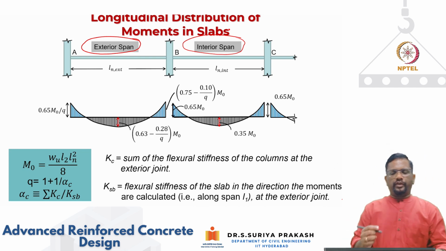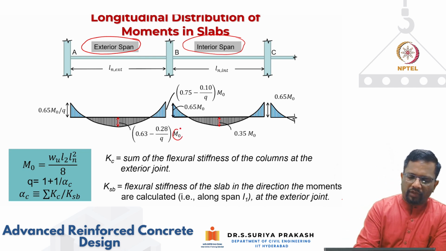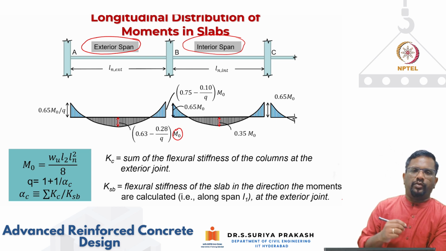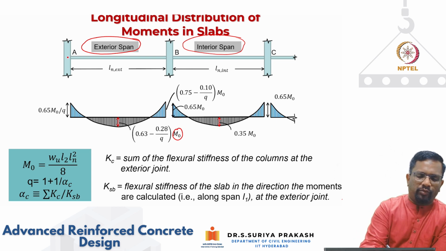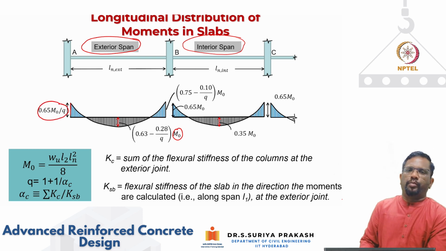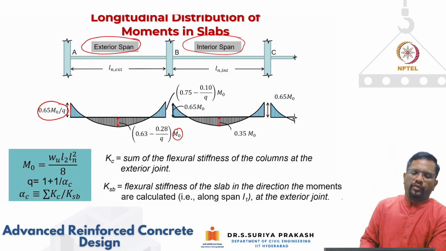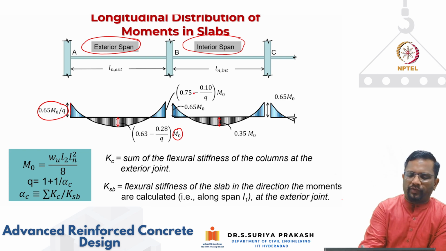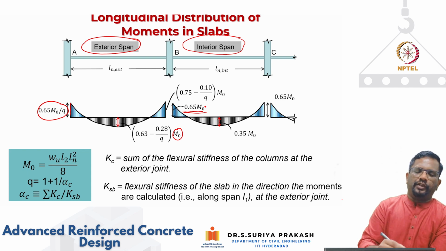So once we have M naught, for the exterior span what the code is saying is the negative moment that I need to consider can be taken as 0.65 M naught by Q. For a fixed support, we know that for an interior support it is 0.65 M naught. But this is the exterior support of the exterior span, and this location is the interior support of the exterior span.